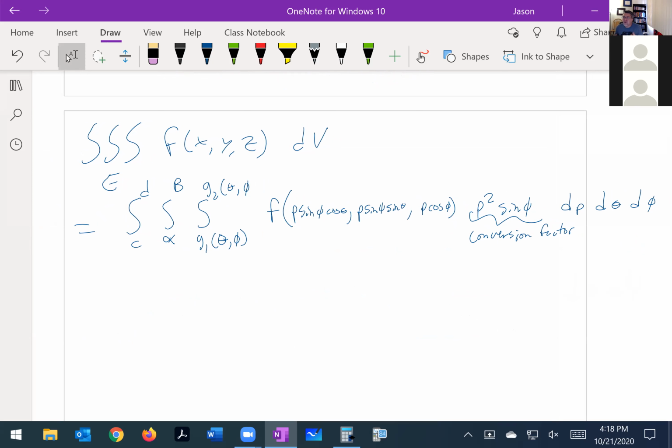And again, why do we use rho instead of r? Say that we get a function in terms of theta and phi. Once I do the integration with respect to theta, I get a function just in terms of phi.